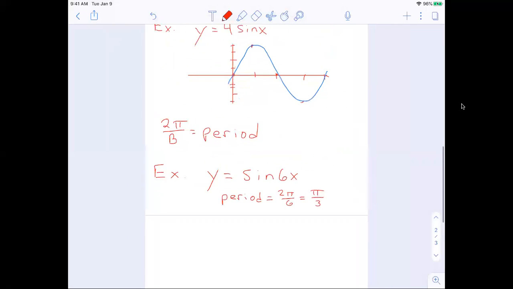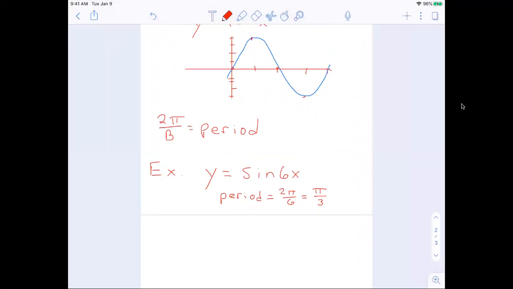And what that means is the graph is going to repeat much more quickly than it would before.